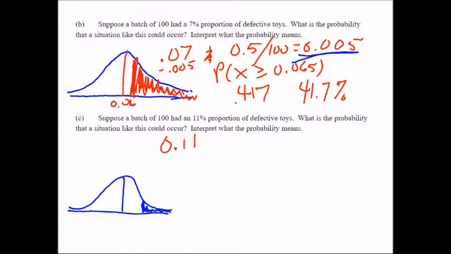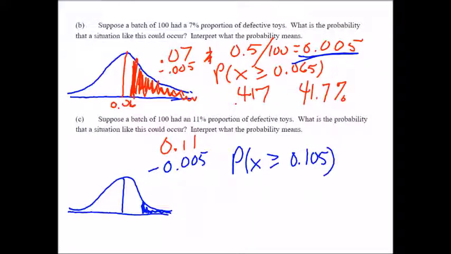And to do the continuity correction, that means that we're going to, again, subtract 0.005, which means we're going to do an x interval that is greater than or equal to 0.105. So calculator, everything will basically be the same except for the lower bound, 0.105.